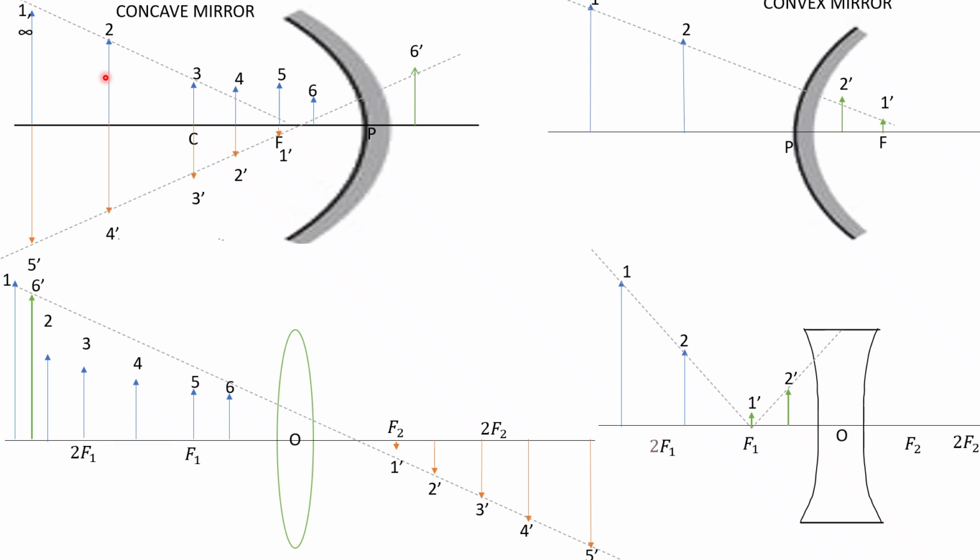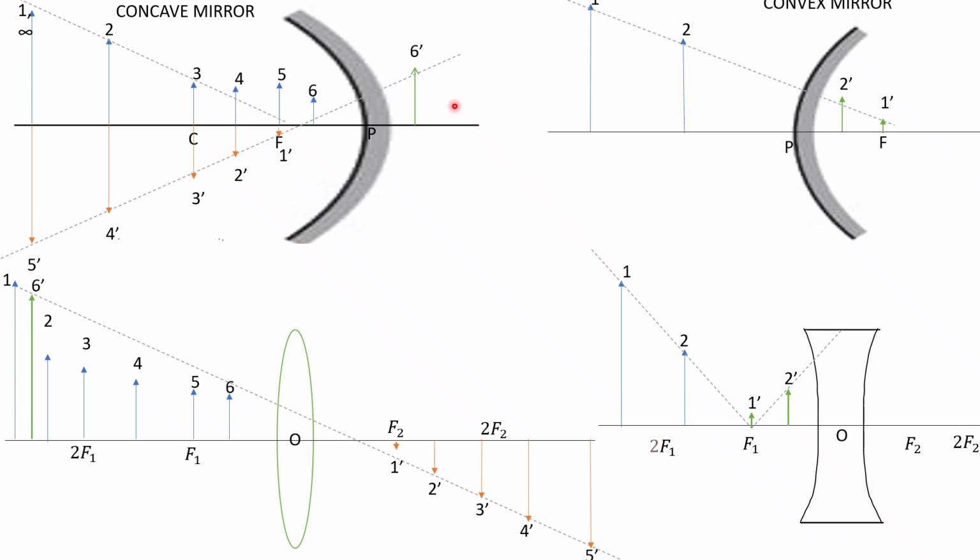Here, the object is shown in blue color arrow. The virtual images are shown in green color arrow. The real images are shown in orange color arrow. See, in all the cases, when the object is placed at infinity, the image is formed at focus.